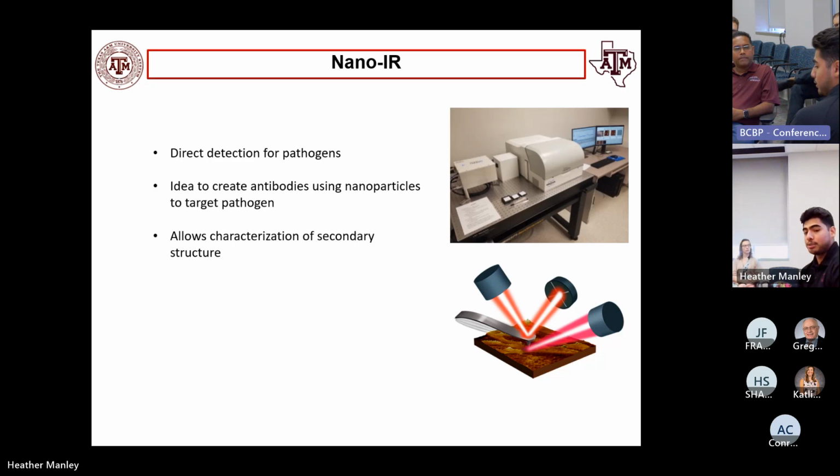The theory is to shoot a laser and create a thermal expansion in, in this case, a protein, and we can acquire a spectral analysis by doing so. If I'm not mistaken, it acquires the frequency of that thermal expansion. In this case, we were studying the secondary structure of the protein, since that is the indicator for the aggregation stage of the protein.